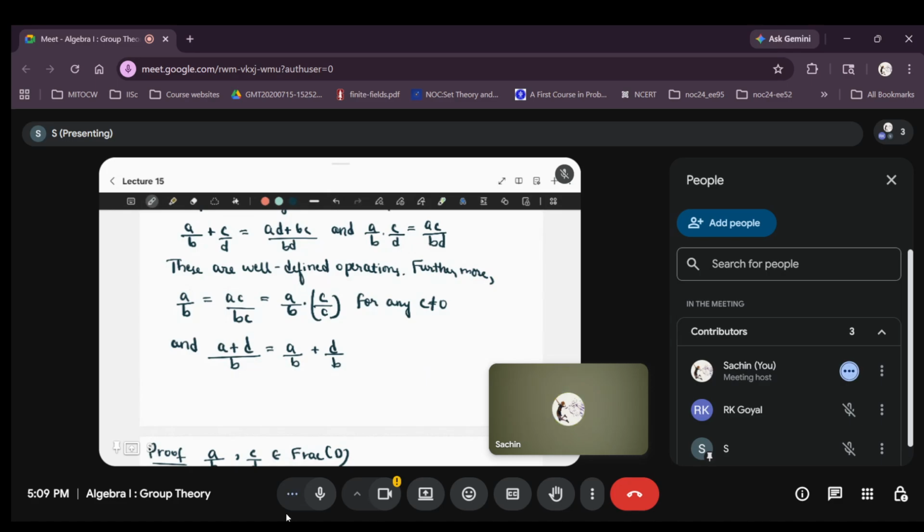And also, a plus d by b is equal to a by b plus d by b, which would be ab plus db by b square.